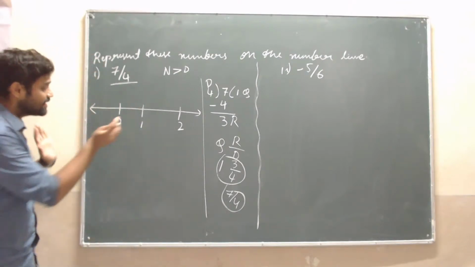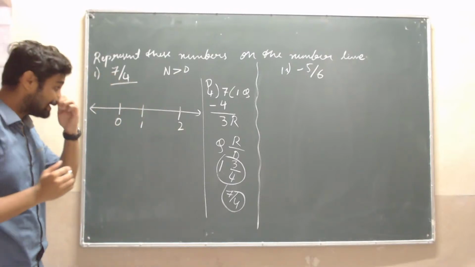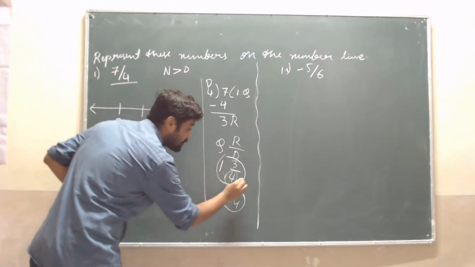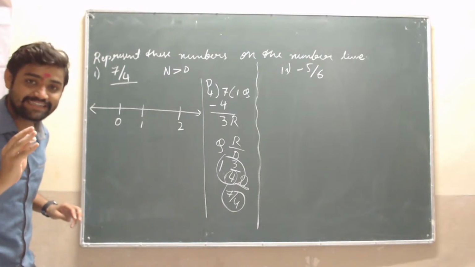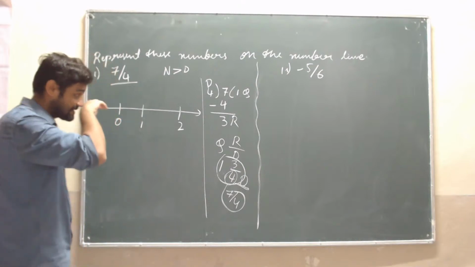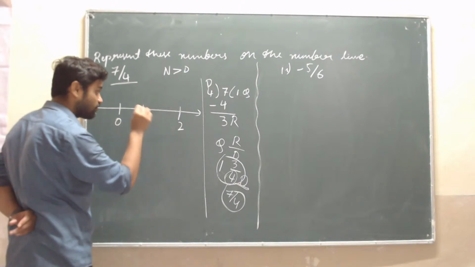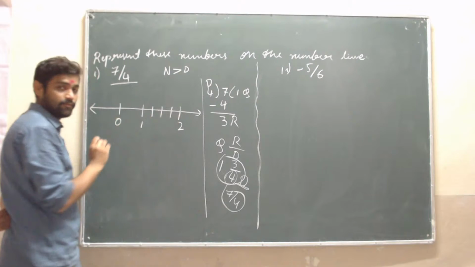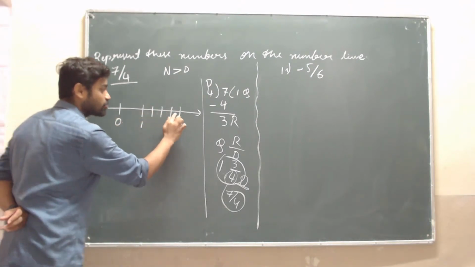We have to concentrate only on 1 and 2. Then see here 3/4. 4 is the denominator. The denominator indicates the number of equal parts between 1 and 2. We have to make 4 equal parts: 1, 2, 3, 4. First part, second part, third part, fourth part.